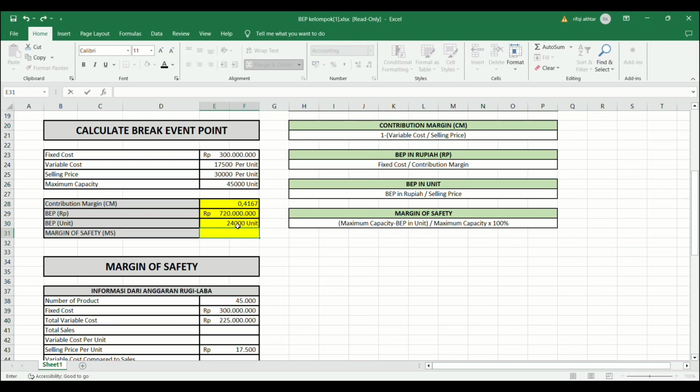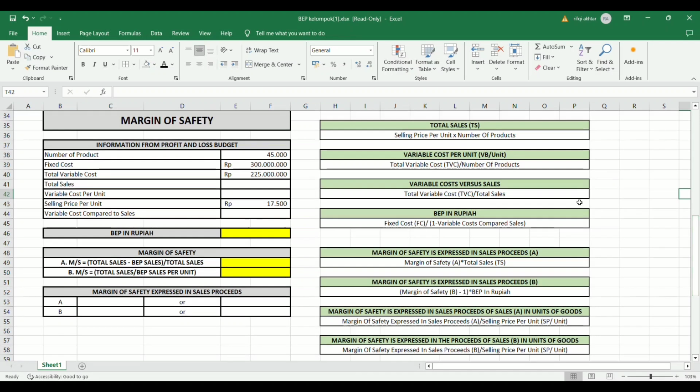The formula is equal open bracket maximum capacity minus break-even point in unit close bracket divided by maximum capacity, and then multiply by 100%, and then enter.